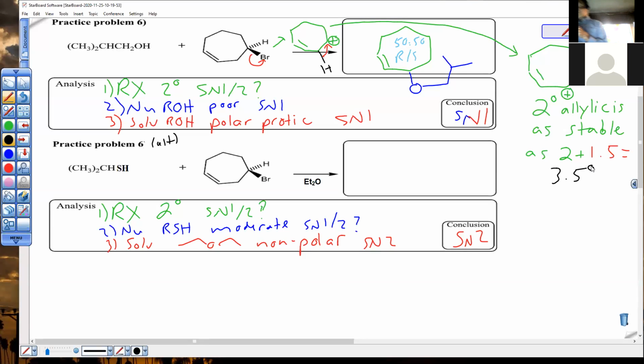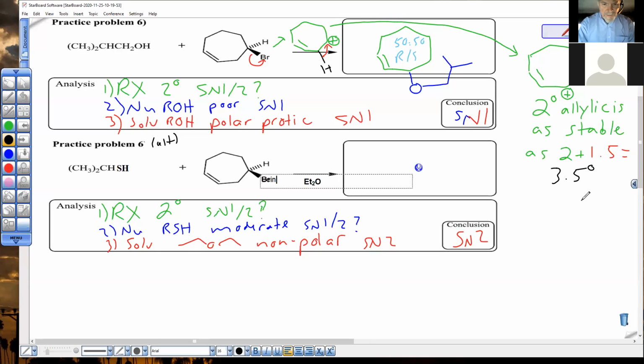Up until now, you have believed that tertiary carbocations are the most stable carbocations possible. You didn't know enough yet. Being allylic, or what's the other word? When it's not a double bond next door, but it's a phenyl next door, that was called benzylic. I'm going to write this down. There you go.